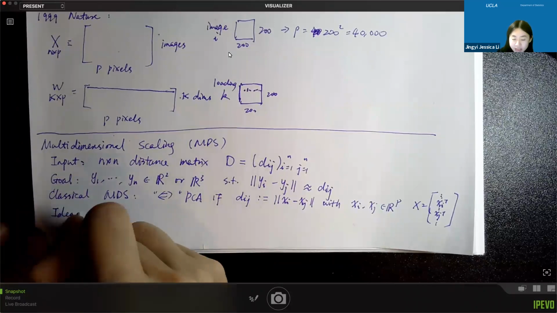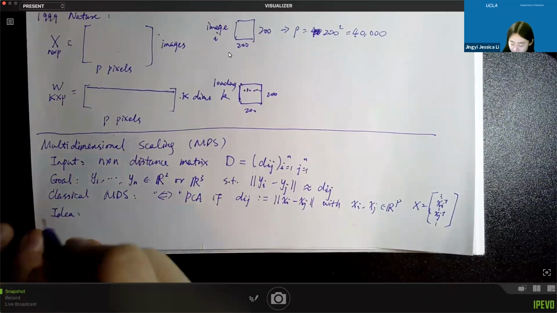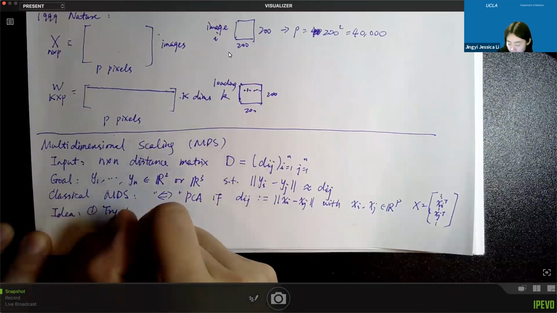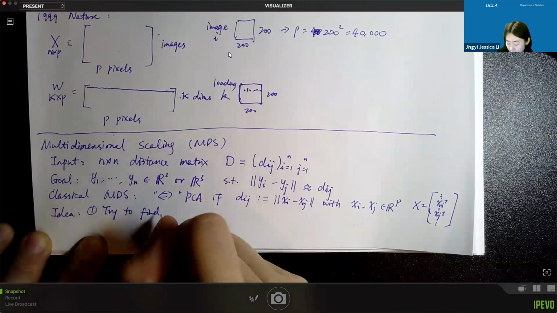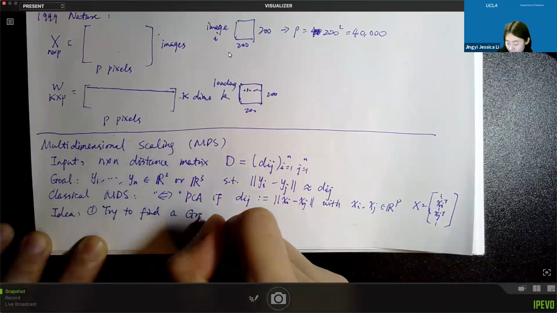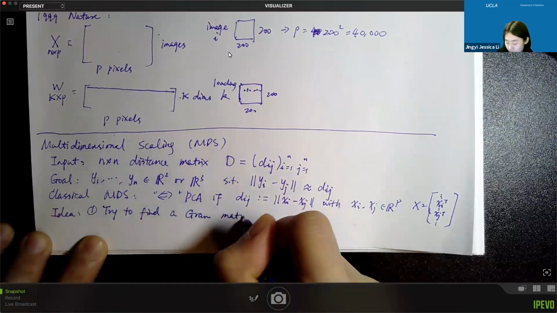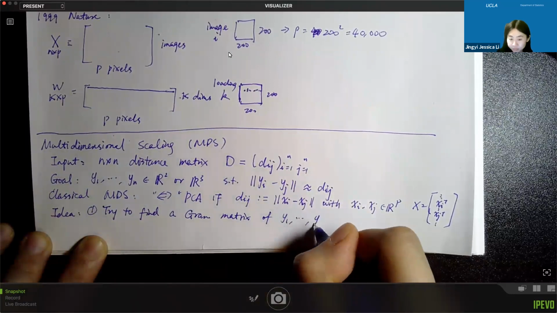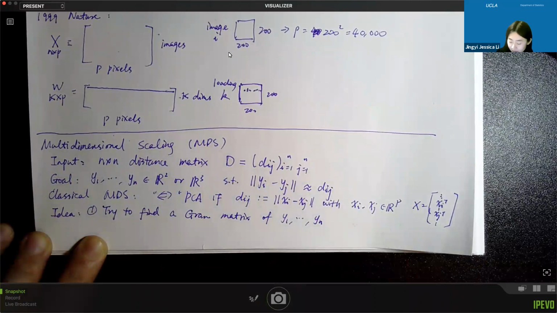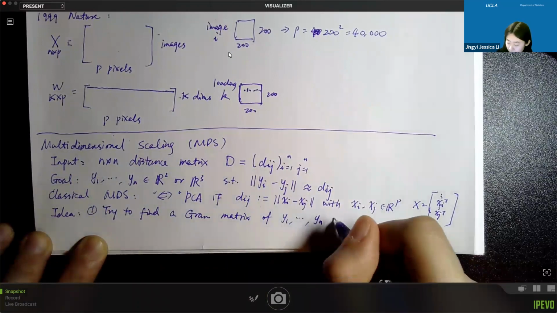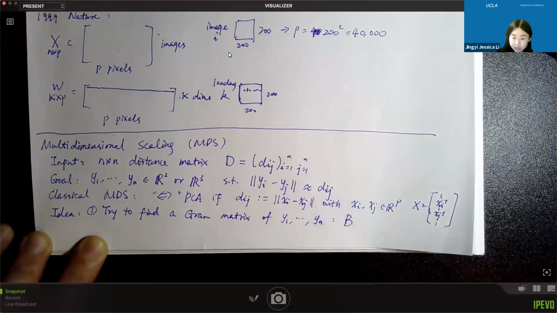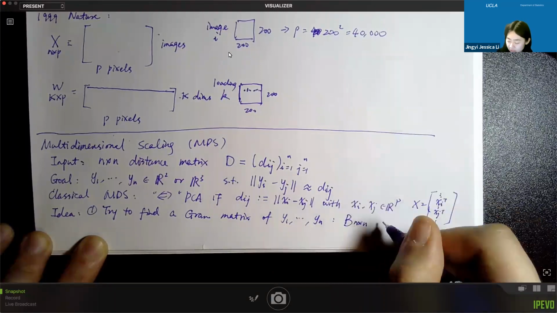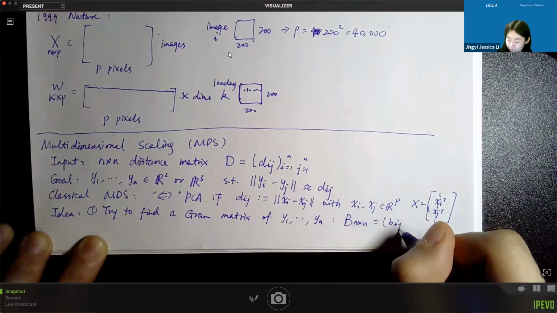Okay. So the idea is to find, the first step is to try to find what we call a Gram matrix. So it has a definition. A Gram matrix of y1 to ym is defined as B. Okay, this will be an n by n matrix, and we write this entry as Bij.